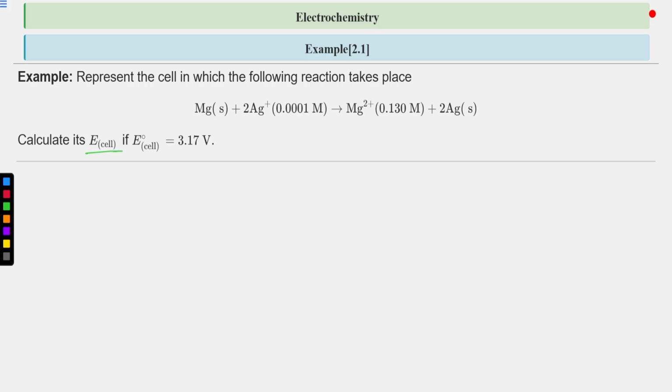Calculate its cell potential if the standard cell potential is given as 3.17. So the example is saying to represent the cell in which the following reaction takes place and calculate its E cell. E naught cell is given.